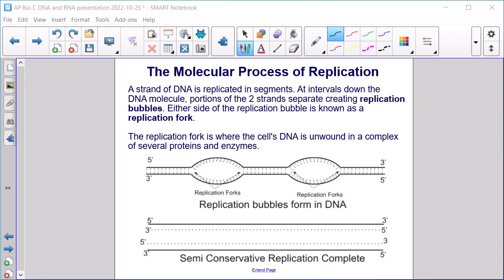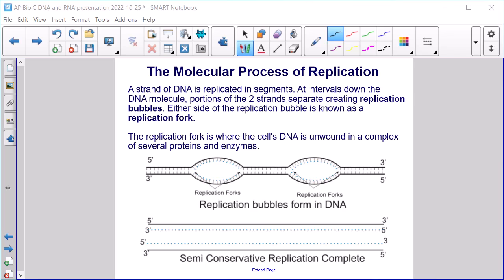The molecular process of replication. A DNA strand is replicated in segments. At intervals down the DNA molecule, portions of the two strands separate, creating replication bubbles, which you can see here and here. So it's not the entire strand separated.